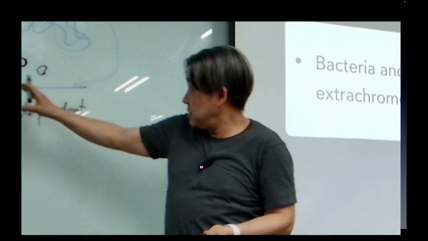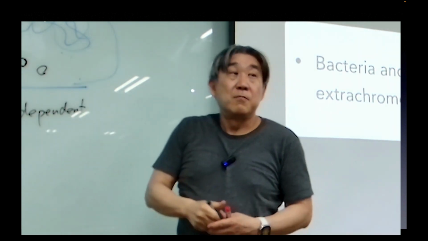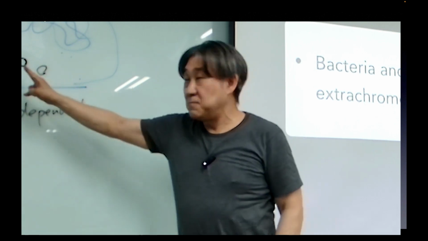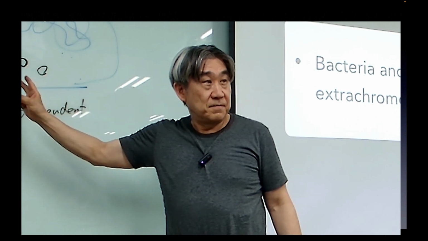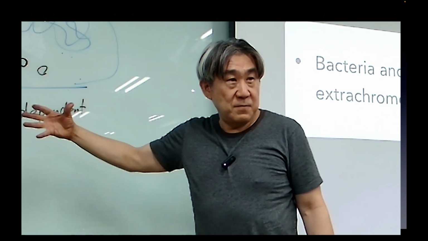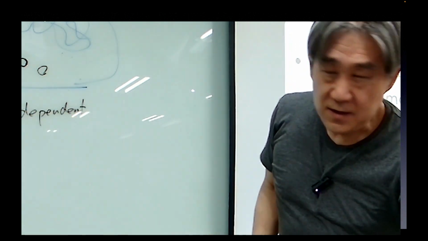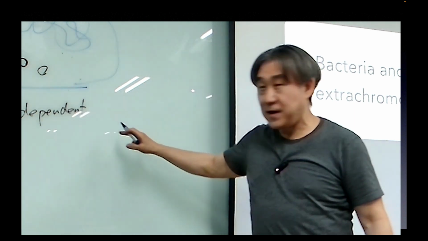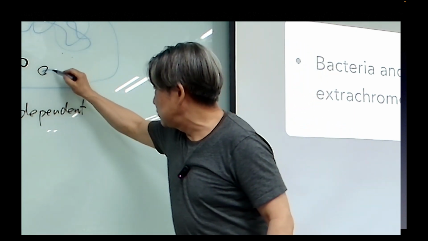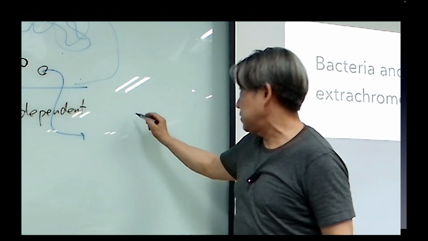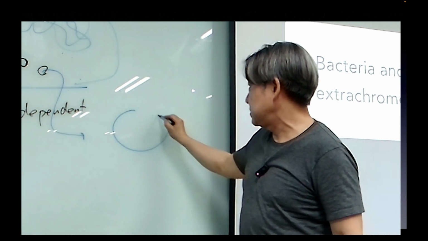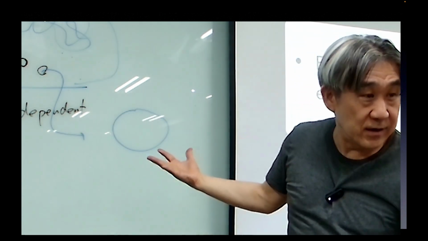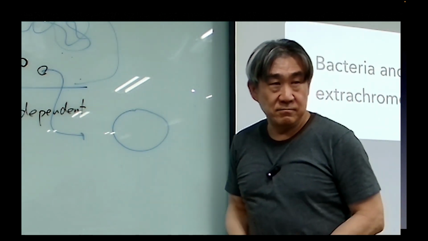So a single bacterial cell can have a maximum of 5,000 copies of the same plasmid. Why do I bring this up? Because let's say you isolate one plasmid. You took one plasmid out over here. Now, this is DNA.